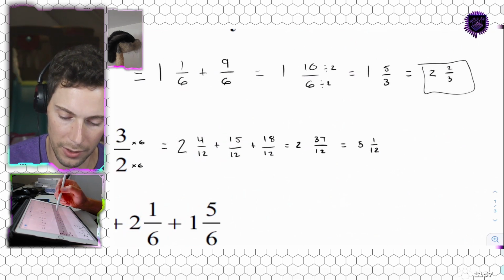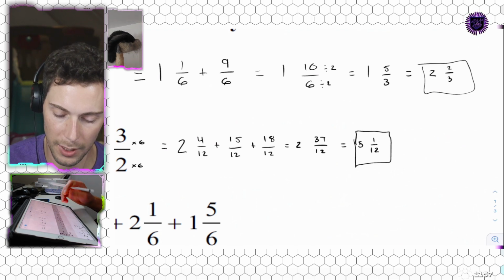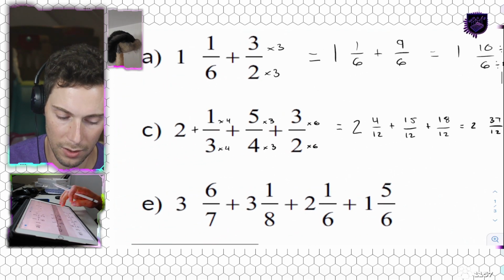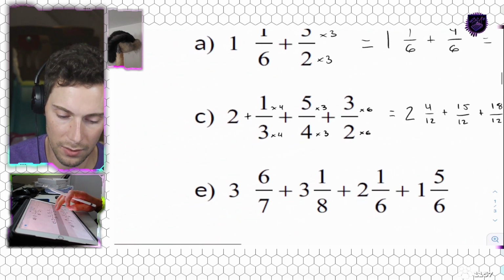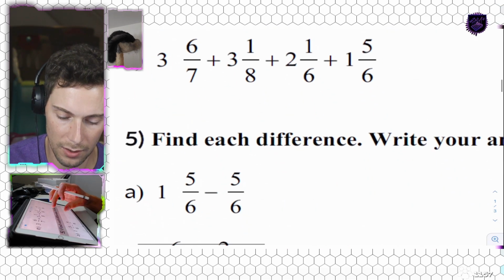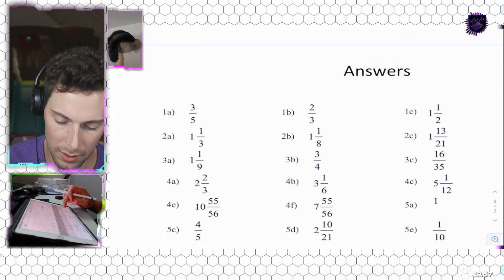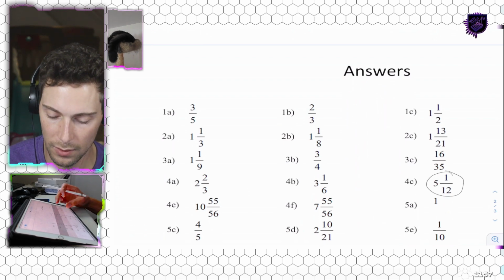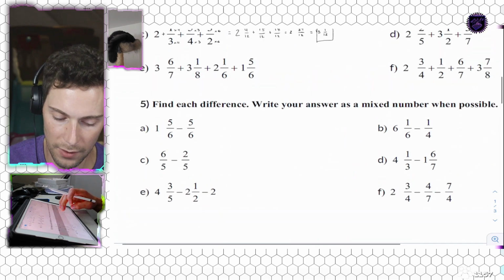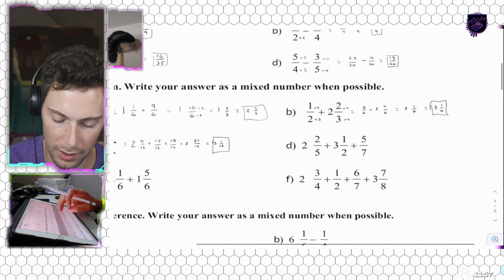And then I'm going to want to check this one just to make sure my answers are right. Question 4C. Yeah, here it is. 1 and 5/12. That was fun.